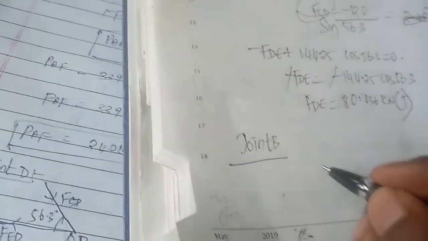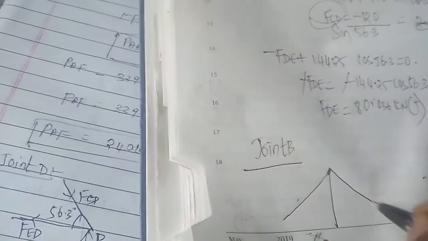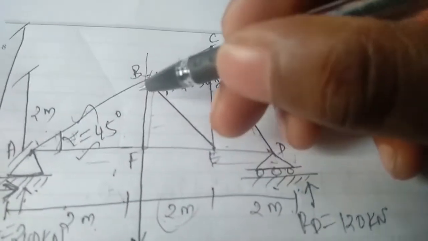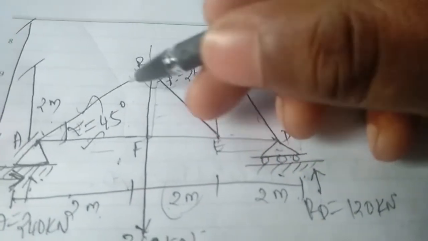Draw joint B's free body diagram. So it will act in this direction, and this direction. So what is the angle in joint B? In joint B, you don't have these two angles because the inclination is in this direction only.